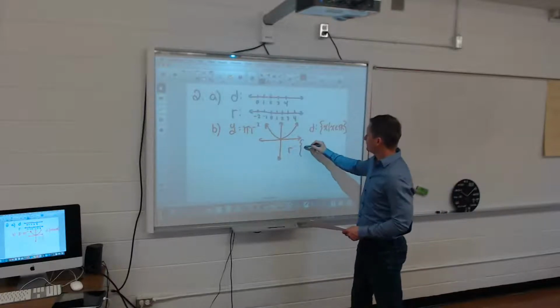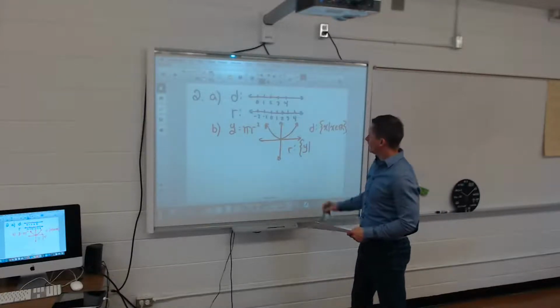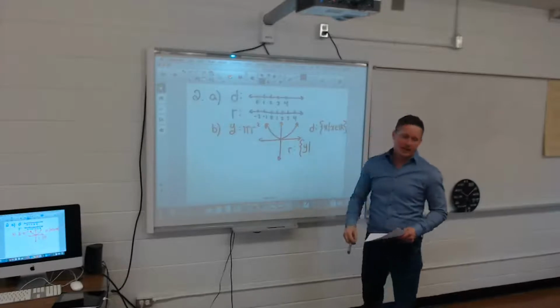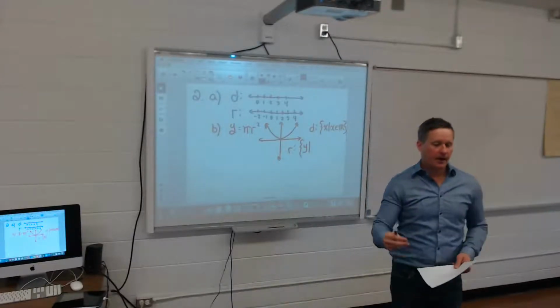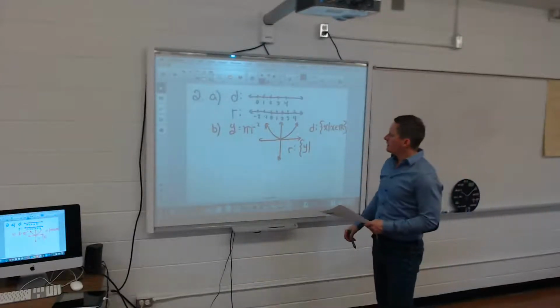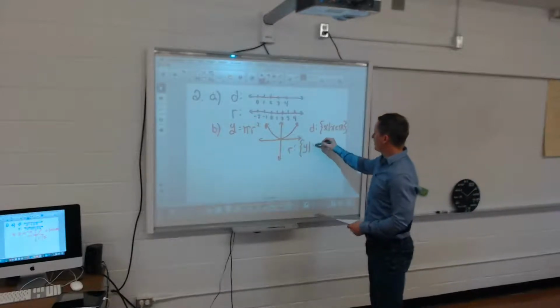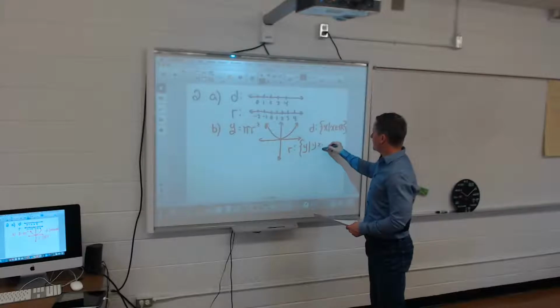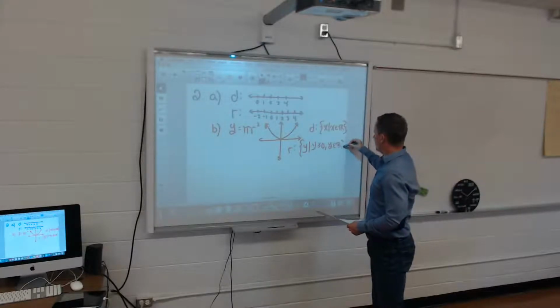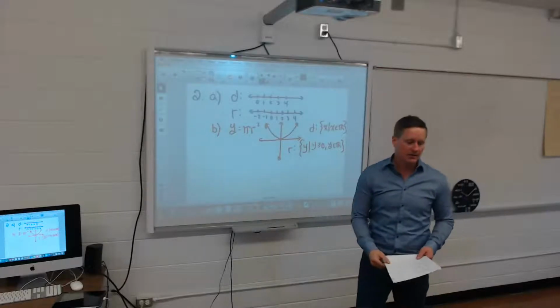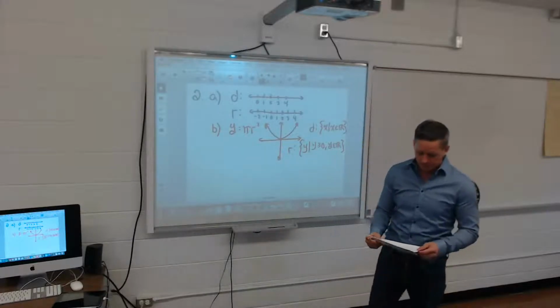The lowest value the range touches is 0, and it goes to +infinity, so all my y values are greater than or equal to 0. I write that as y is greater than or equal to 0, where y is an element of all reals, to let you know that it's a continuous function.